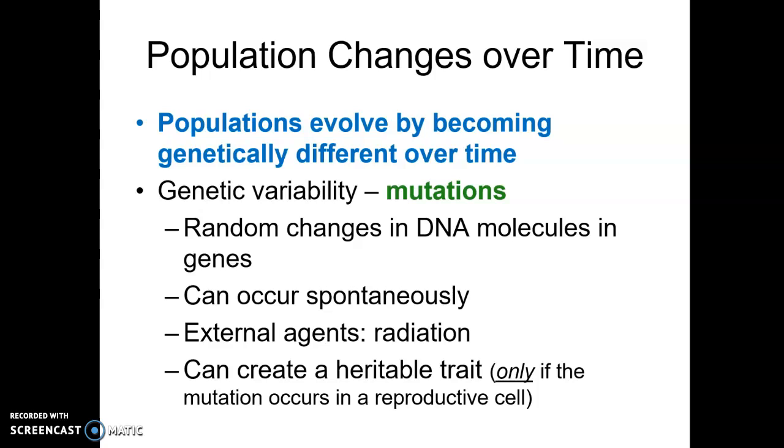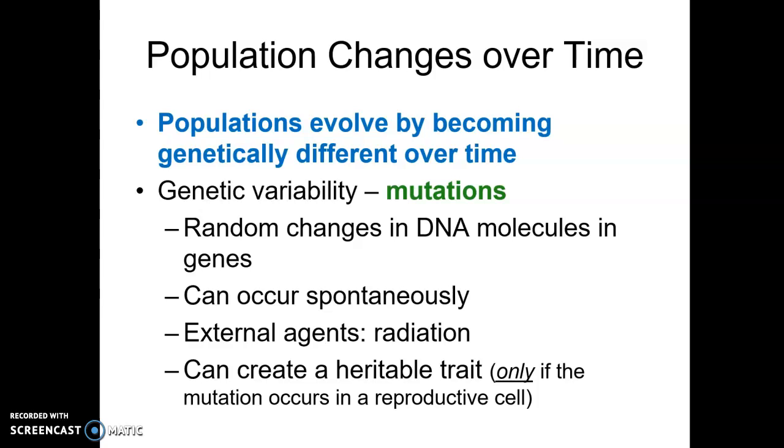But in other organisms that reproduce rapidly, such as bacteria, mutations can occur much more quickly because the number of generations is also created quickly. So genetic variability is a result of mutations or recombinations, and these are random changes in DNA molecules in genes, and it typically occurs spontaneously.